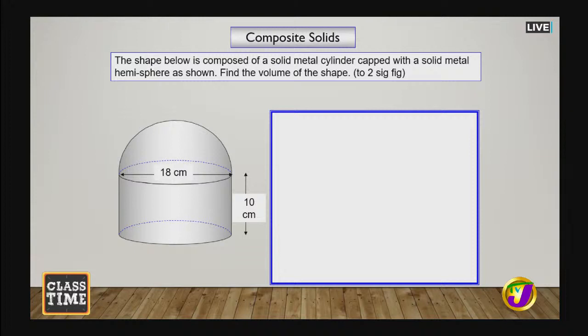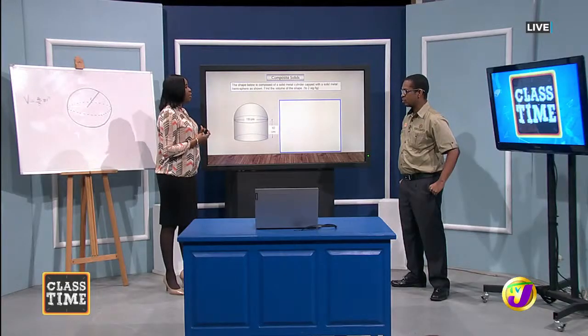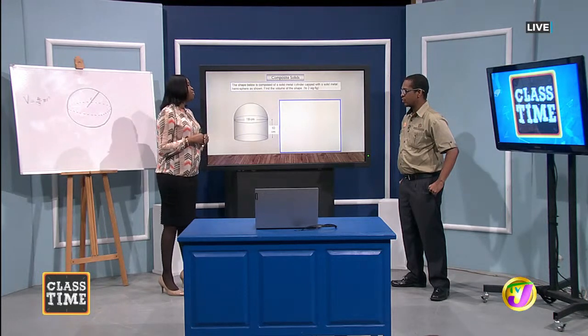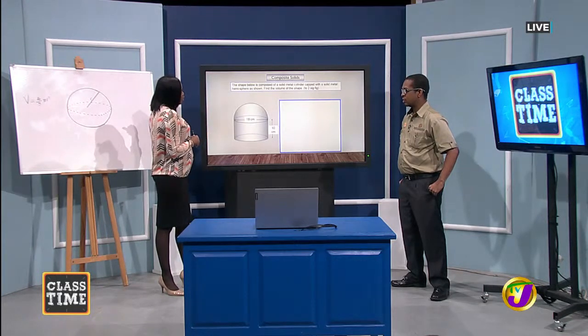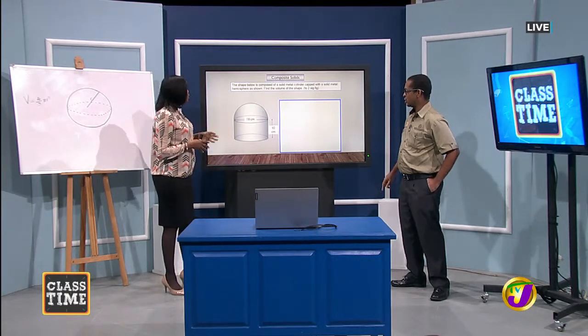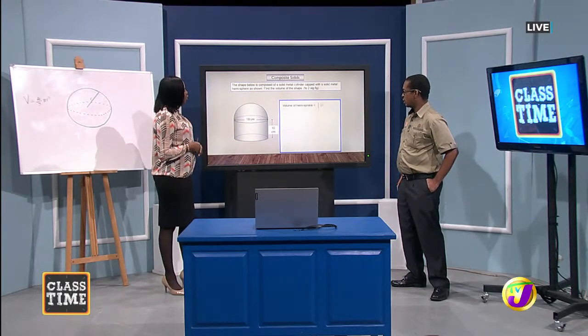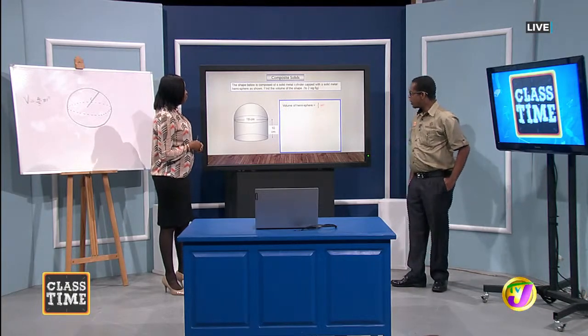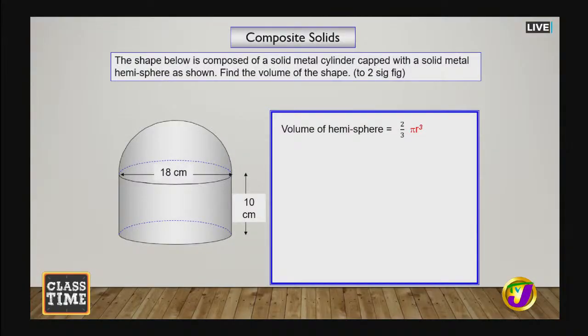Okay, so the hemisphere, which is half of the sphere, would mean we have to divide by 2. Yes, the volume of the sphere divided by 2 gives the formula for our hemisphere. And that gives us 2 divided by 3 pi r cubed, or 2/3 pi r cubed.